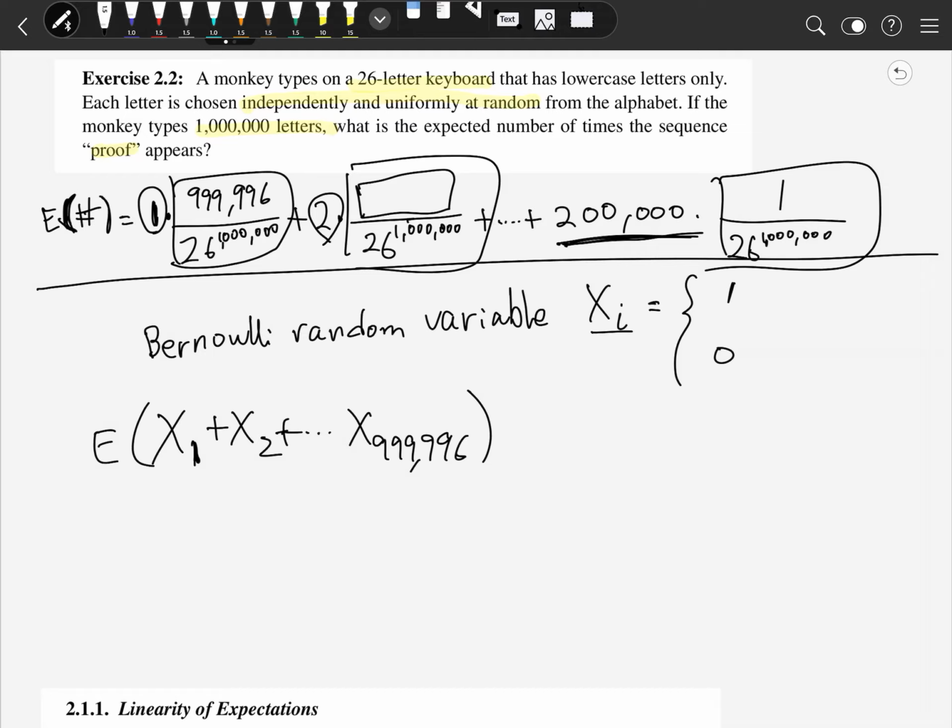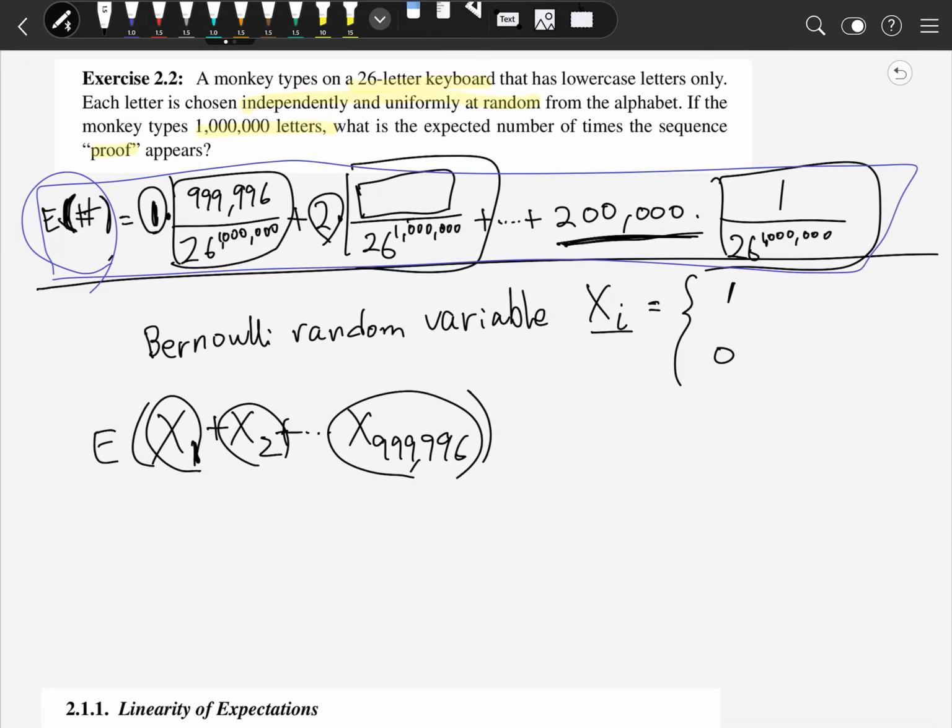What this does is essentially the same thing as this one, because it's saying for each combination of letters, if X1 plus X2 plus all the way to X999,996 is equal to 1, it means that the sequence "proof" appeared one time.